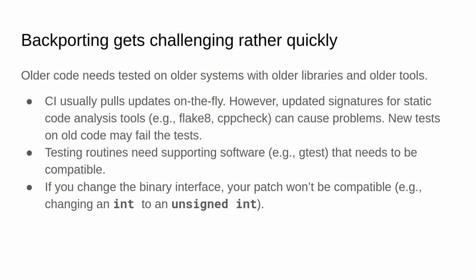Testing's hard, right? Backporting to older versions gets really challenging really quickly, right? So when you're backporting to older versions, you really have to step back in time to the way the world was in 2018 and then test the patch in 2018. That means all the stuff that you use to test, right? Anything that's in your CI/CD pipeline for testing has to be the 2018 version.